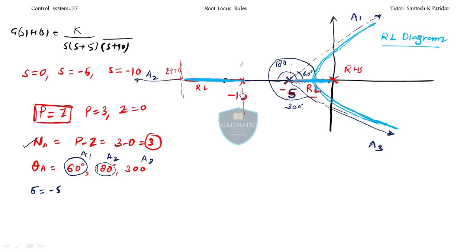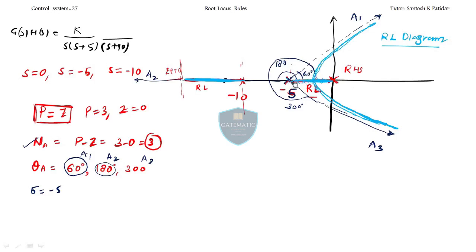Okay, perfectly fine. I'll start my journey from the poles, isn't it? Why? Because at k equal to 0, the root locus will start from the poles, and at k equal to infinity, it will terminate at the zeros. Poles and zeros, okay?